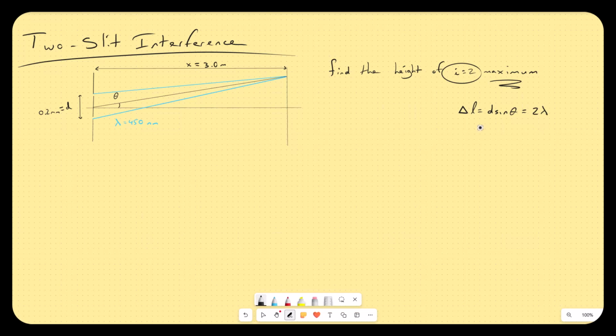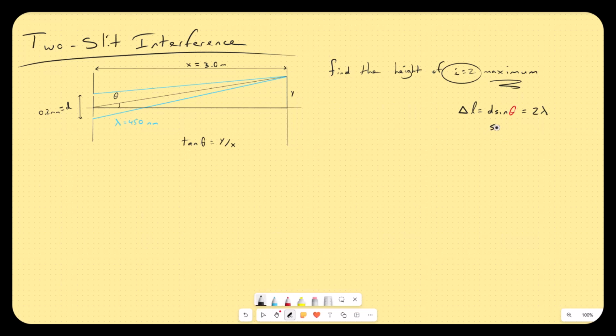If I find sine theta, then I can get there. I know this side is x. If I'm looking for the height y, I know that the tangent of my angle is equal to y over x. So if I can find sine theta, work my way backwards, find theta, I can get there. So I'm going to make theta be my unknown.